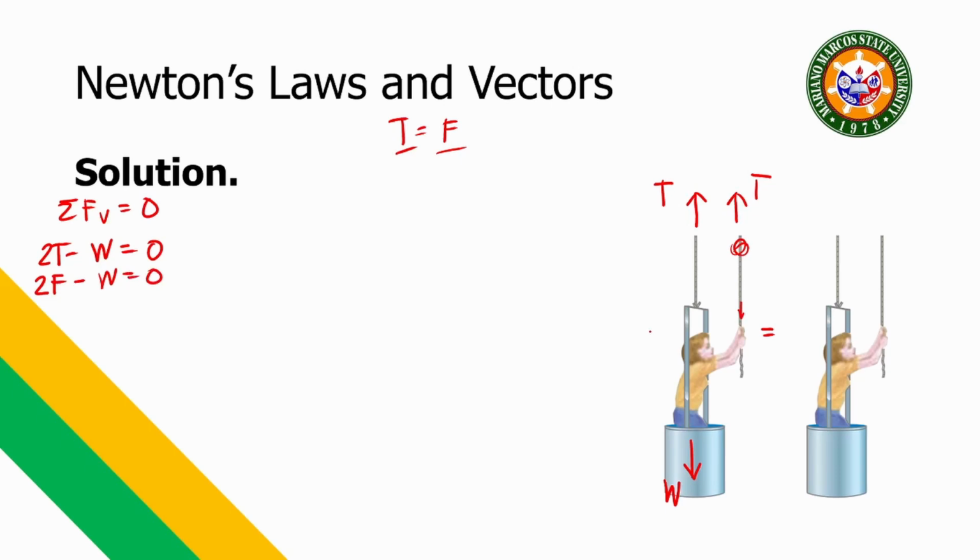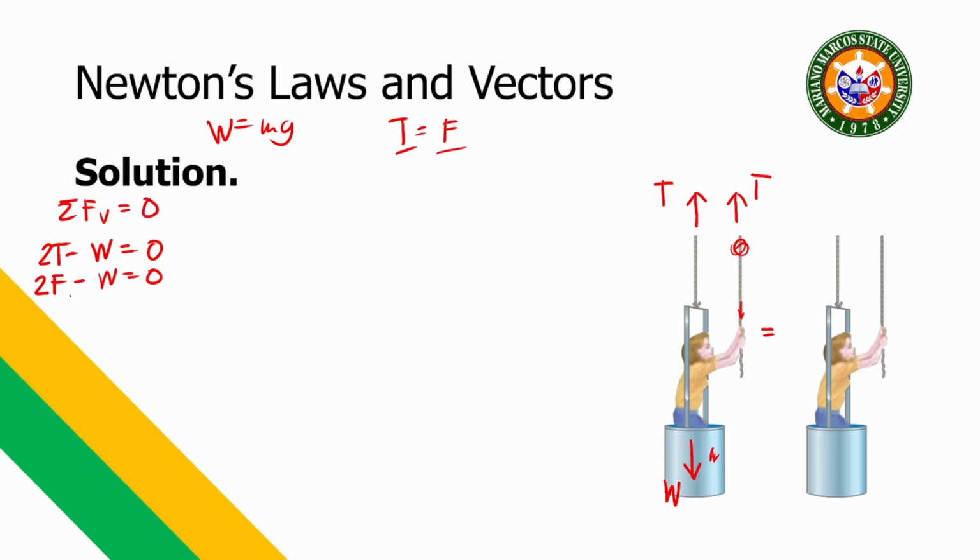Since the given here is the mass of the window washer and our bucket, W must be equal to mass times gravity. So, we can get the force being applied by the window washer. We just substitute.